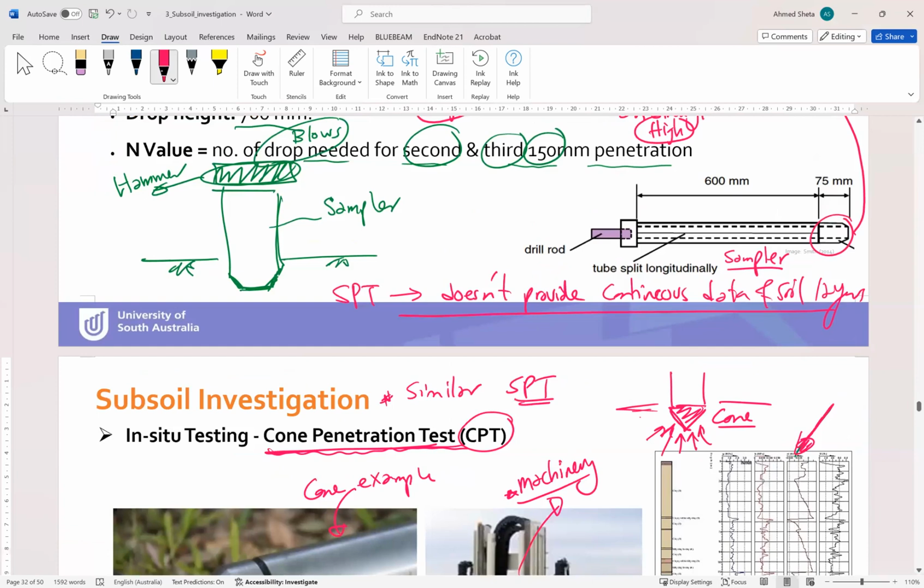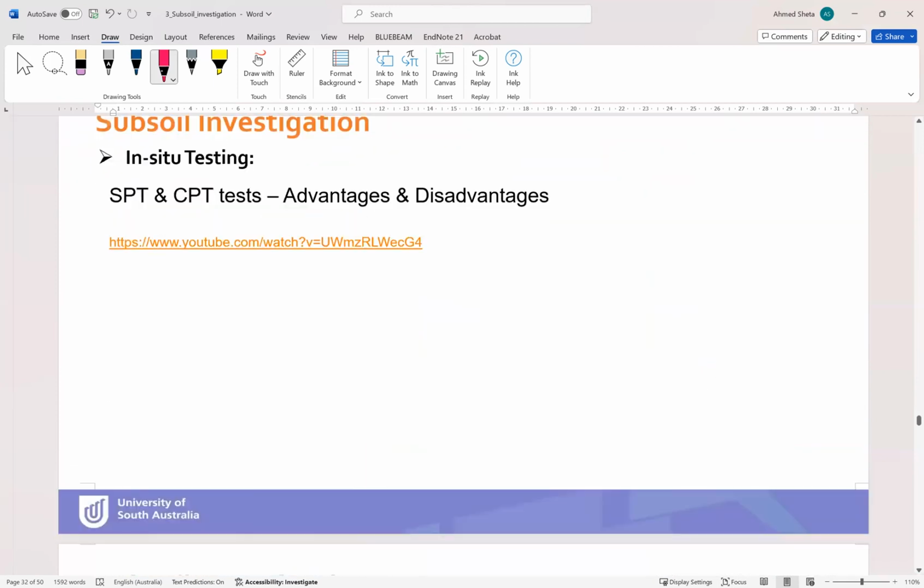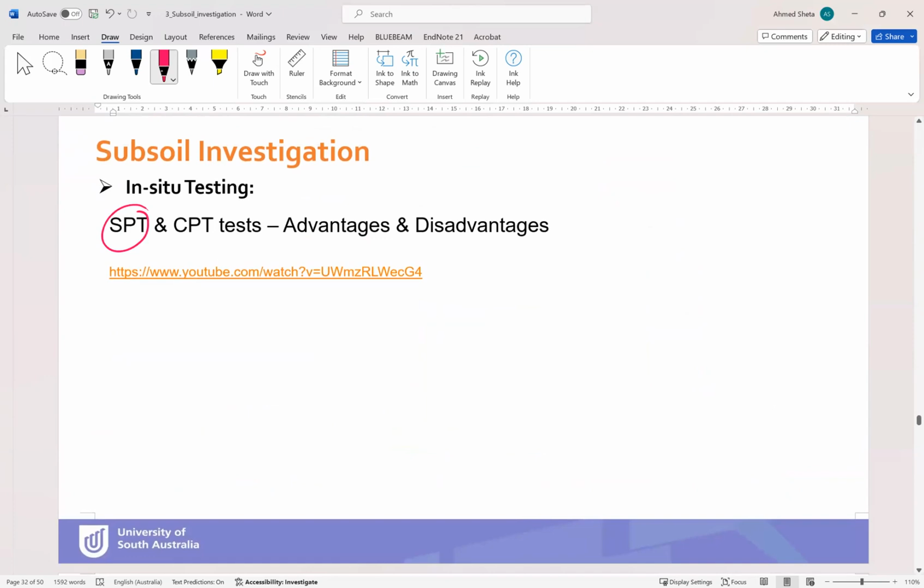Okay, so this was just a brief discussion about the two tests, the SPT test and CPT test, which are two in situ testing techniques which give you comprehensive soil exploration.